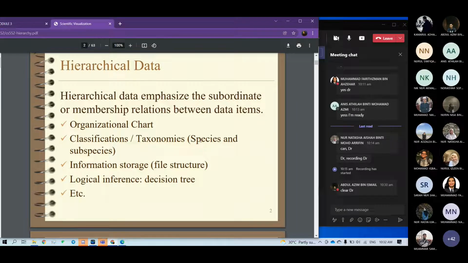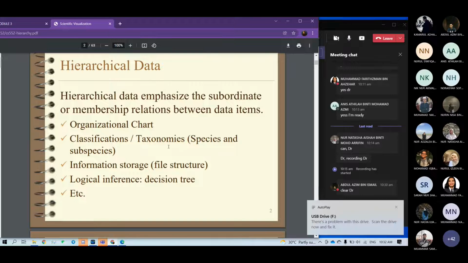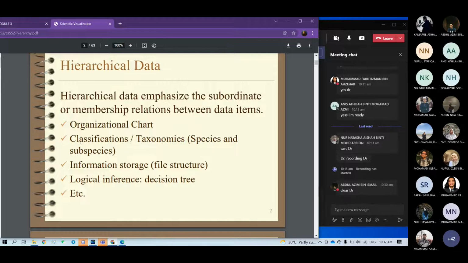And then another example, my mouse won't move. We have file storage, like your directory. You have a folder, inside the folder you have a few subfolders, inside the subfolder there are more subfolders until towards the end only your file.